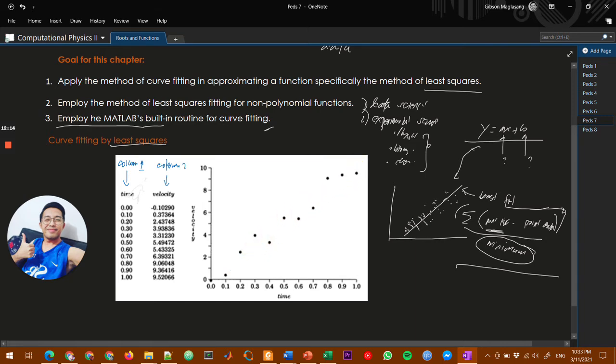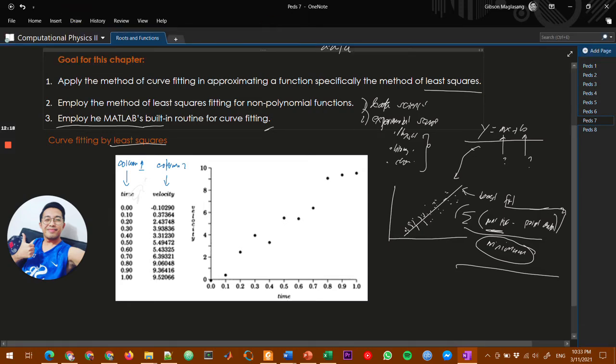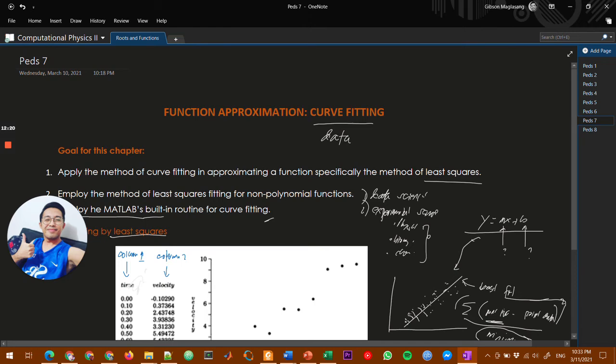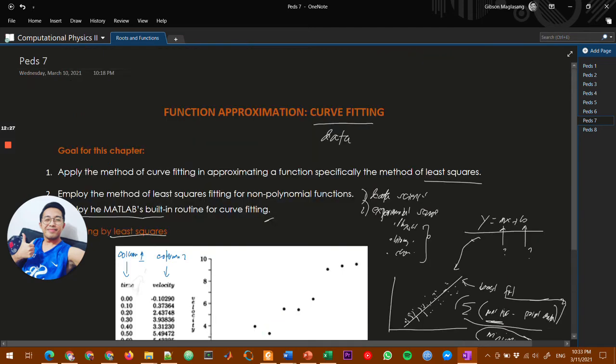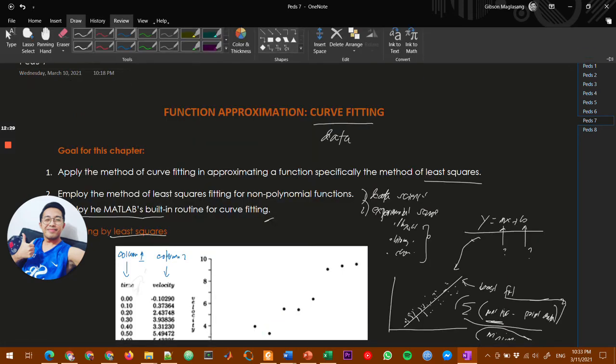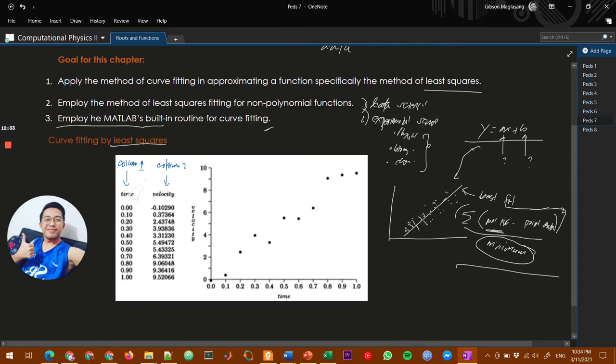Let's draw a straight line, like that. Okay?